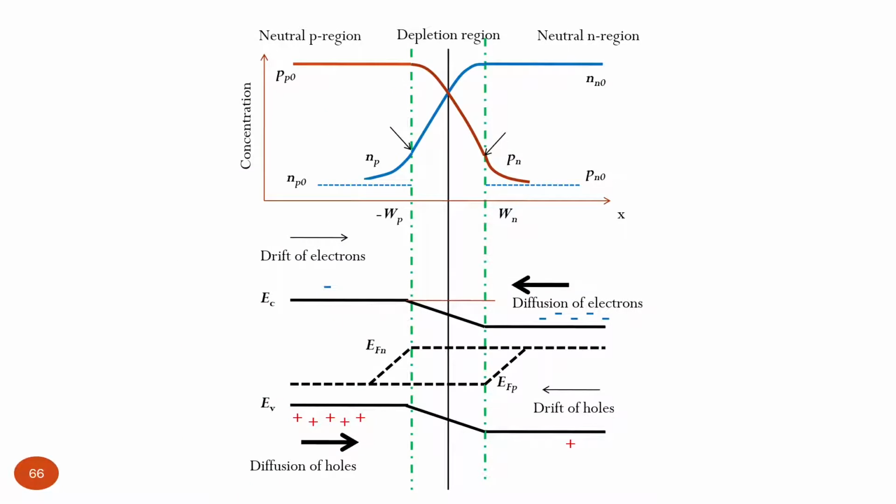So now we can look at this picture of the band diagram together with the charge carrier distribution.